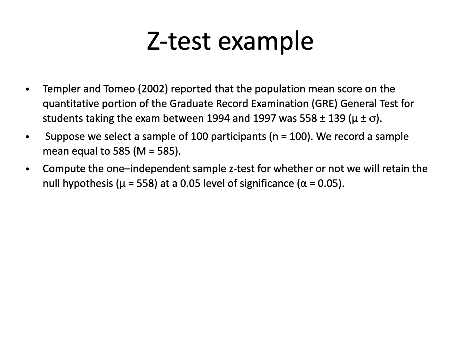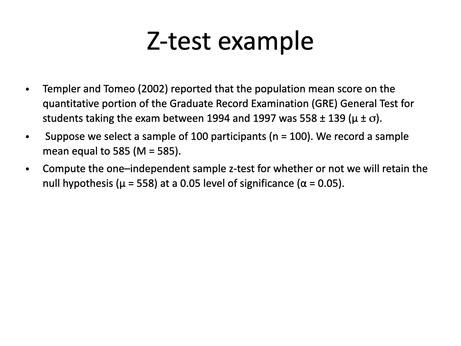Here, what we are given is the population mean and its standard deviation, that is 558 and 139, and the number of participants in the sample is 100, and the sample mean is 585.